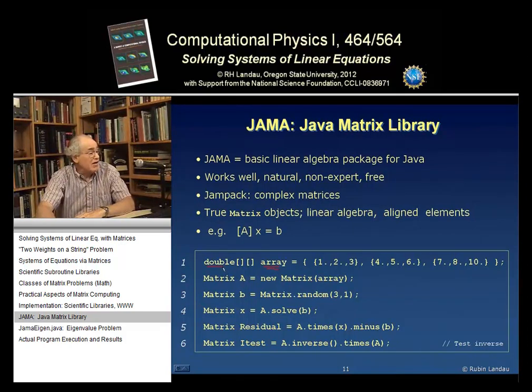It's a double in Java. When you put two indices before or after the array, that indicates that this is a double indexed object and a double precision object. So this is the array. Here's row 1, row 2, row 3, put in braces. This is standard Java for an array. It has nothing to do with matrices.